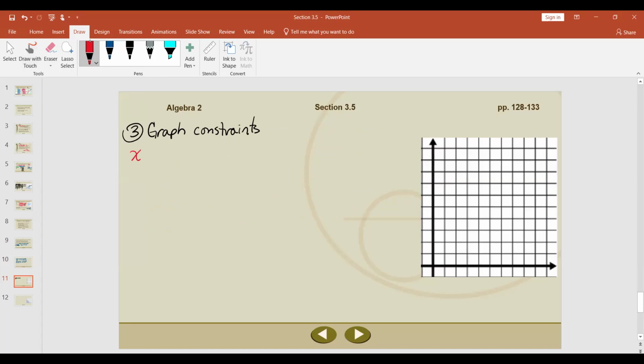We have x is greater than or equal to 0, and y is greater than or equal to 0. So that means that we have constraints on our x and y axis. I'll keep those the same color since they already exist as the x and y axis. Then we have the other two. Shade the feasible region.